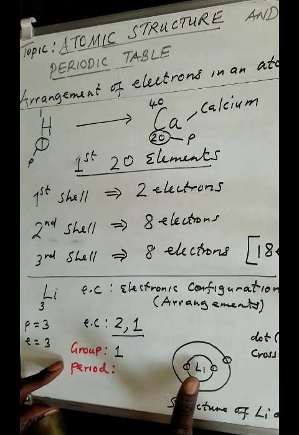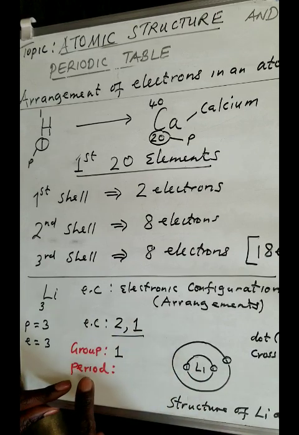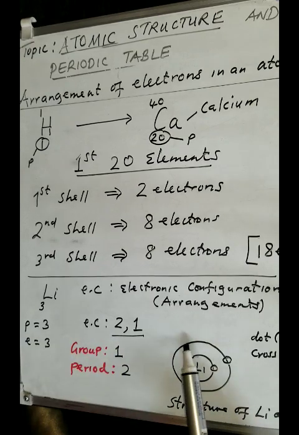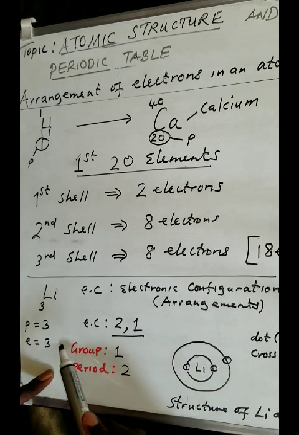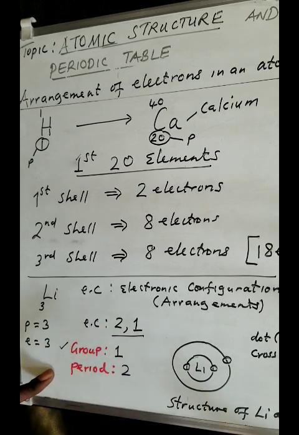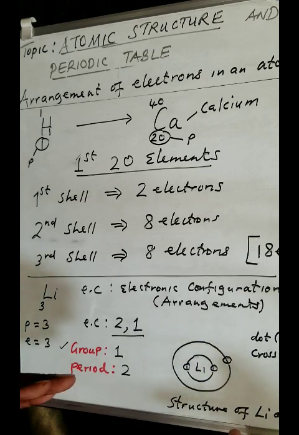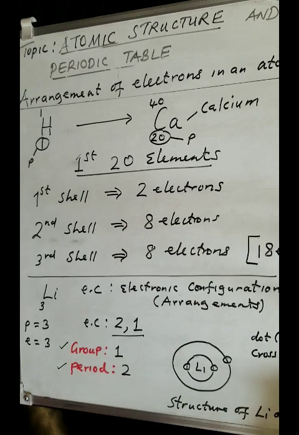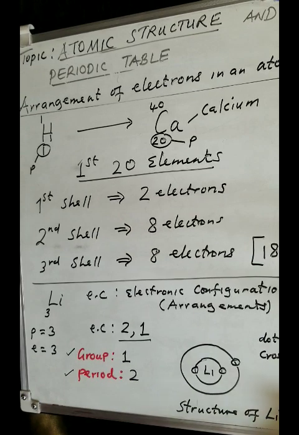And how many shells have been filled with electrons? You have 1, 2. Remember, the number of electrons in the outermost shell will tell you the group to which an element belongs, and the number of shells filled with electrons will tell you the period to which it belongs.